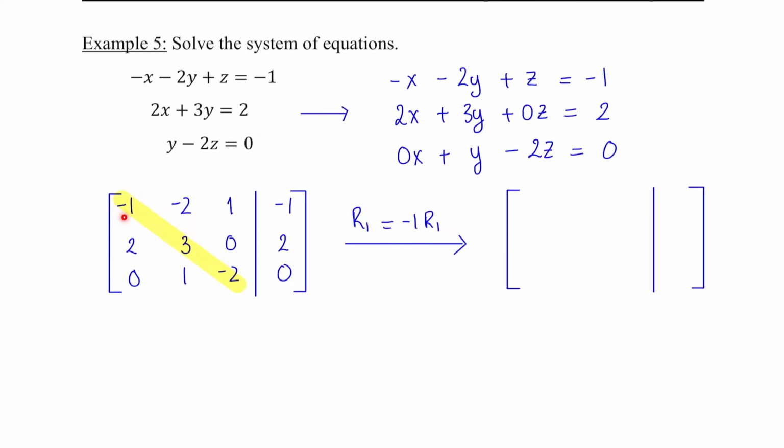So negative 1 times negative 1 is 1, negative 2 times negative 1 is 2, 1 times negative 1 is negative 1, and then negative 1 times negative 1 is 1. So my first row will be 1, 2, negative 1, 1. Now, this process does not do anything to my rows 2 and 3, so they stay the same.